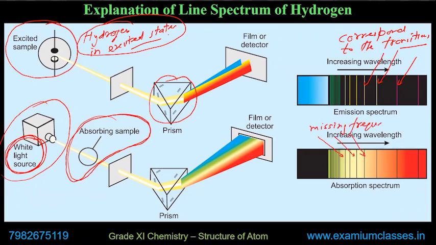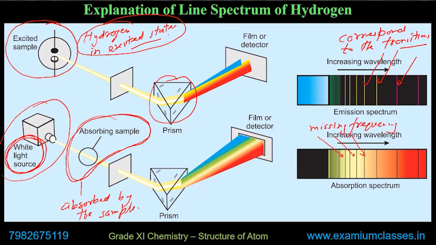Why are these frequencies missing? Because these were absorbed by this sample. For your understanding, an emission spectrum is one in which only particular frequencies are emitted, and those are captured on the spectrum plate.